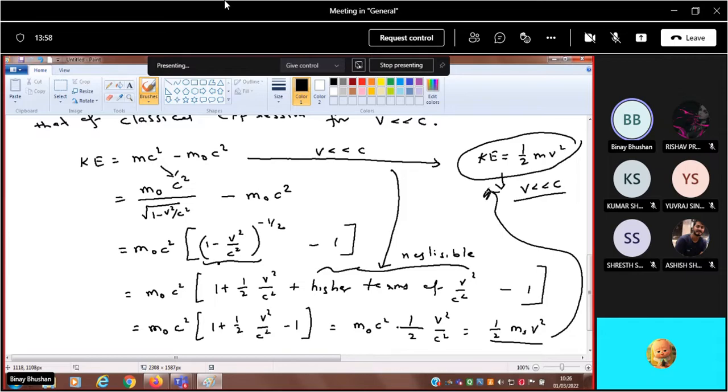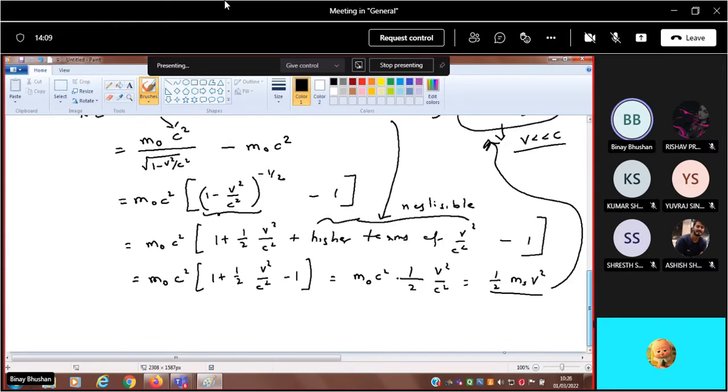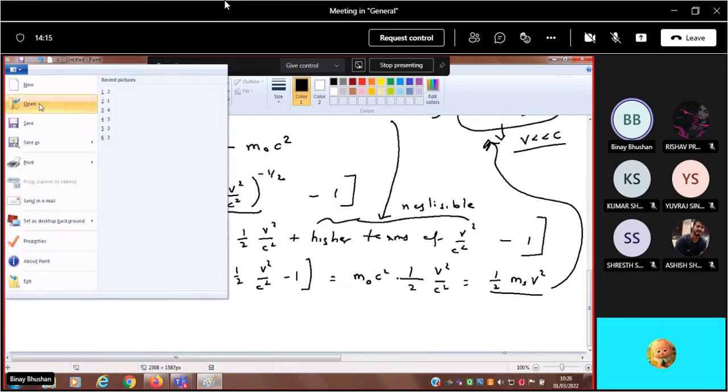So this is a very, very important question from your examination point of view. It's not only kinetic energy; if you take any other expression, whether it is say length contraction, so I move to the next file here.